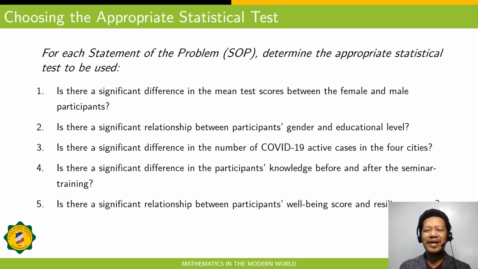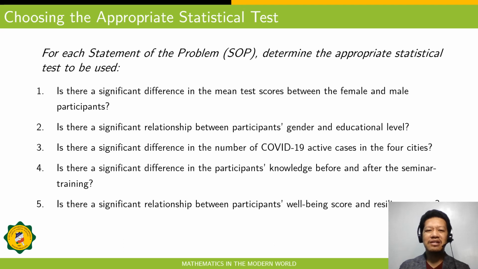And to check your understanding about this lesson, you have to answer this exercise here, and we are going to check your answers in our synchronous session. So may I just read? For each statement of the problem, determine the appropriate statistical test to be used. Is there a significant difference in the mean test scores between the female and male participants?